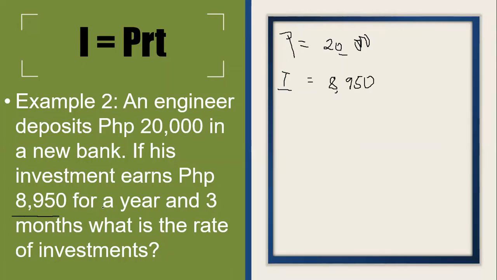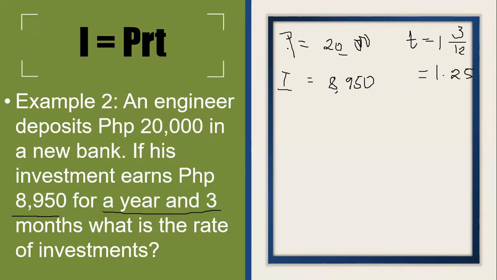And then we have our time, 1 year and 3 months. So we have our T, 3 over 12 since there are 12 months in a year. Next po, convert po natin yan: 3 divided by 12 is 0.25, plus 1, so 1.25. So our T is 1.25.